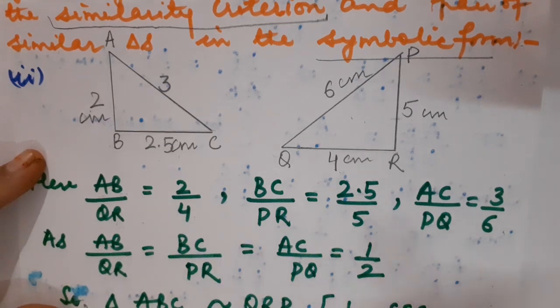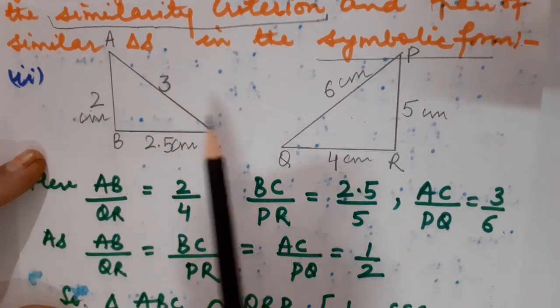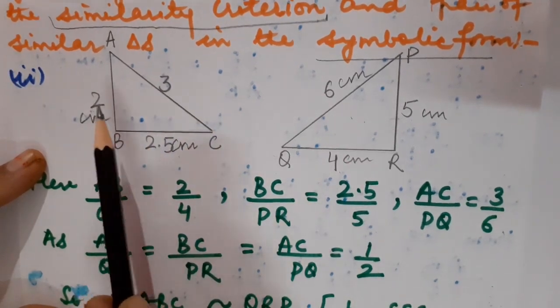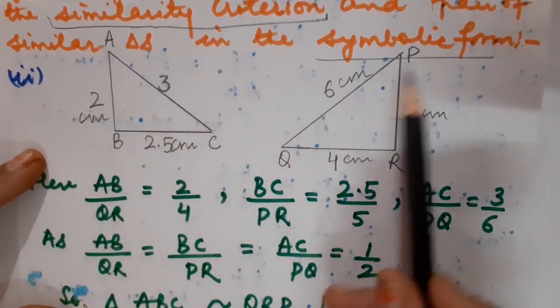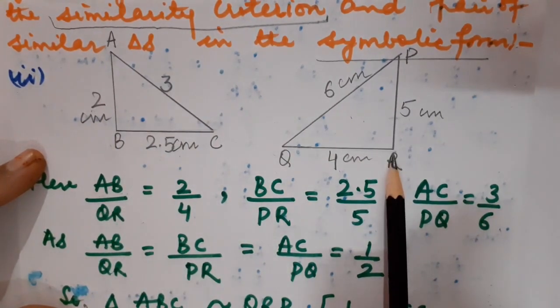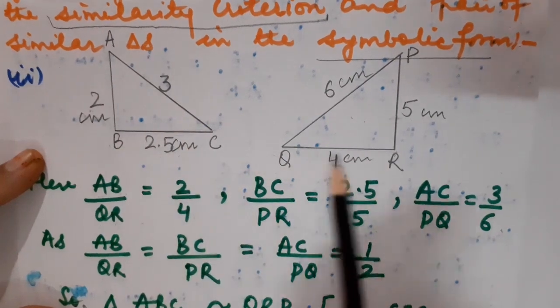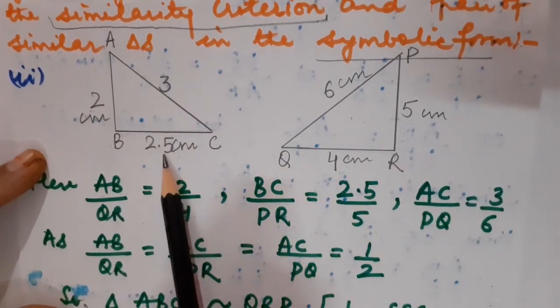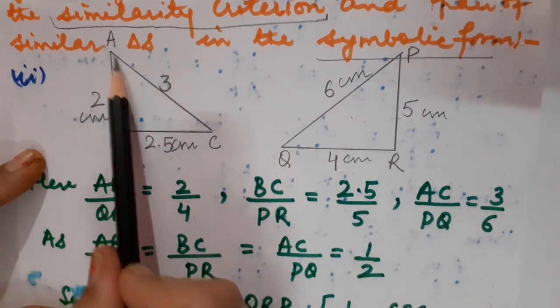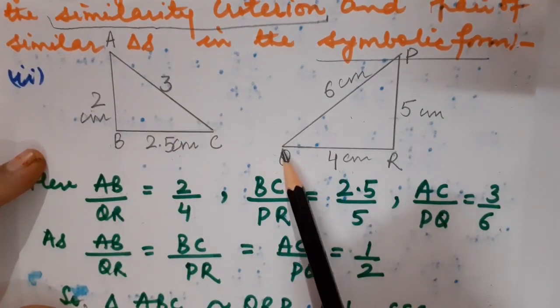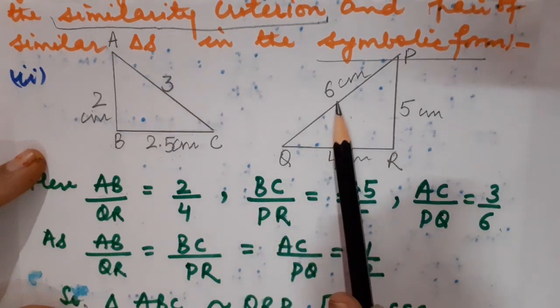Later on, the symbolic form can be changed. But suppose I take AB upon PR, I will be getting 2 upon 5. And this baseline I take with baseline, that would become 2.5 centimeter upon 4 centimeter. And this AC I take with PQ, again I get 3 upon 6.